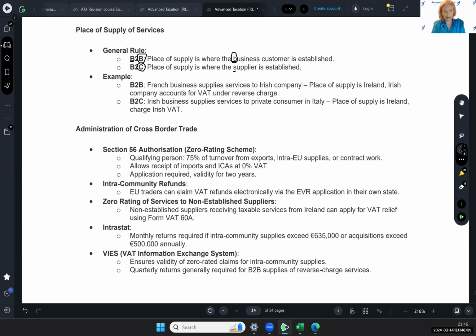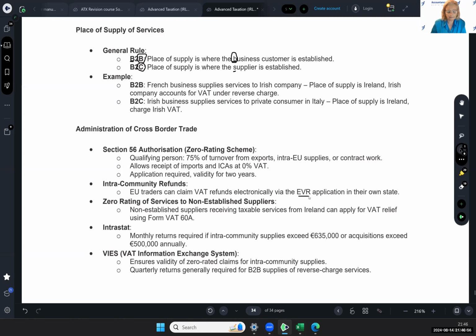When that business incurs VAT in a foreign country but it's not registered there, the way they can get a refund is via this intra-community refund, referred to as EVRs. So it's an electronic VAT refund claim.